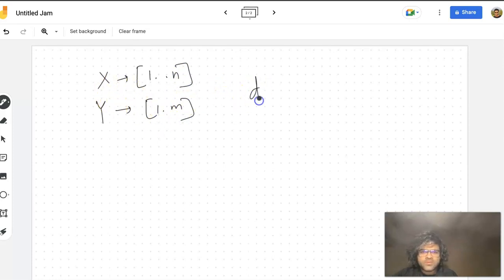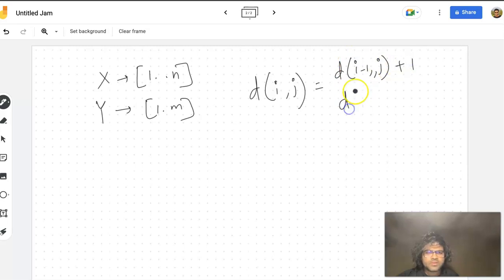The distance between i comma j can have multiple possibilities. One is that we can take then plus 1. Then i minus j minus 1. This is a dynamic programming problem, or maybe we can go vertically, and then this value is variable.